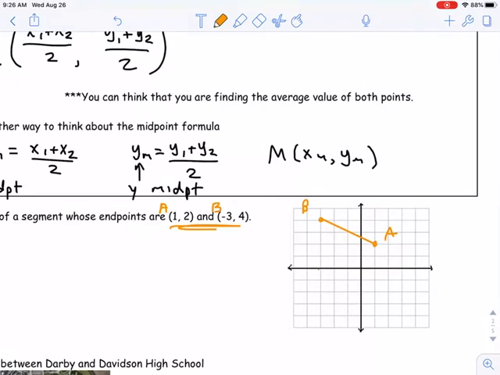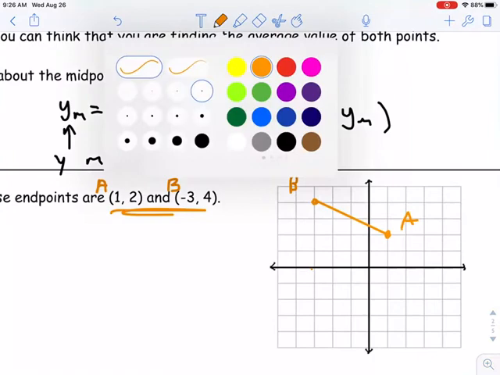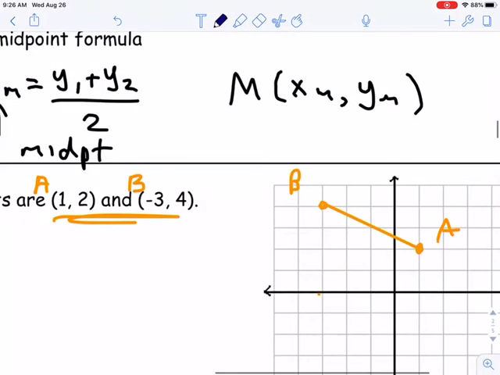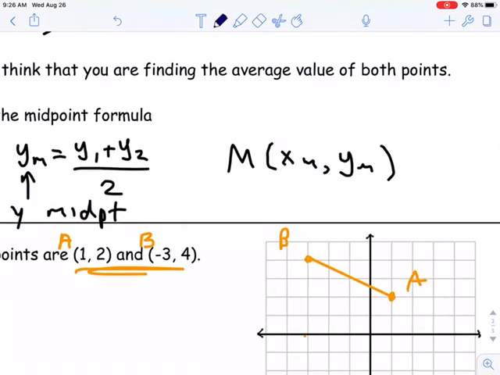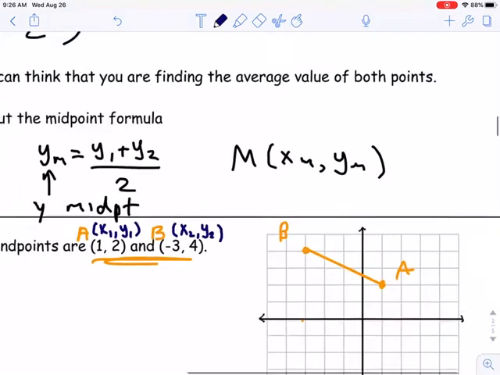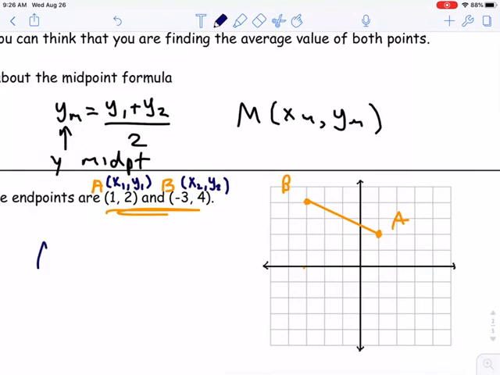Counting is a great technique, but it's not always going to work. We have to be able to use the formula as well. What if the numbers are really far apart and almost uncountable? Or what if there are crazy decimals like in the next problem? So that's going to be x1, y1, and that's going to be x2, y2. It doesn't matter which point is which because we're just adding them together.